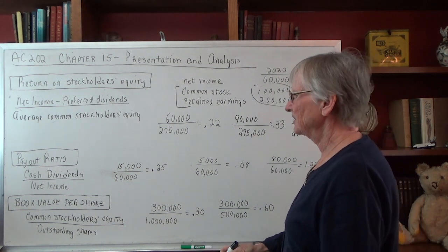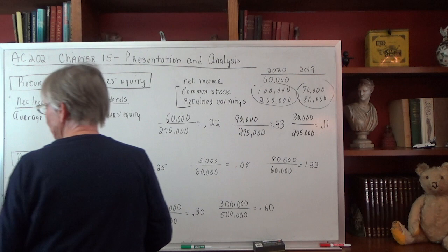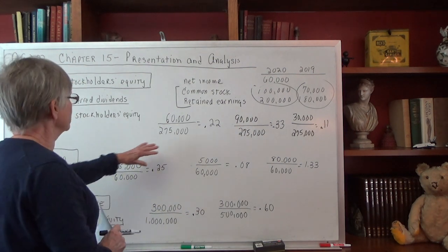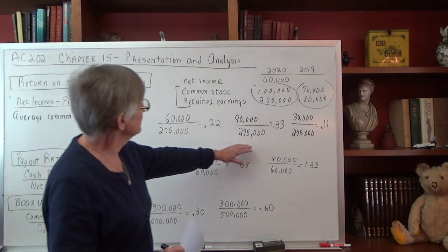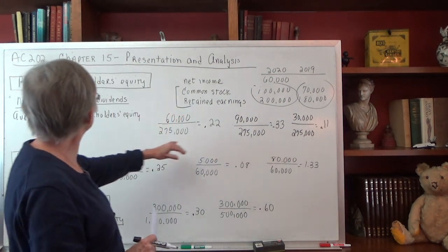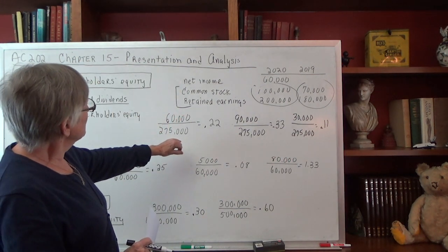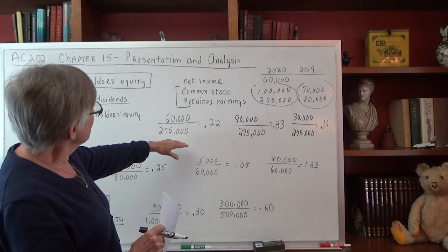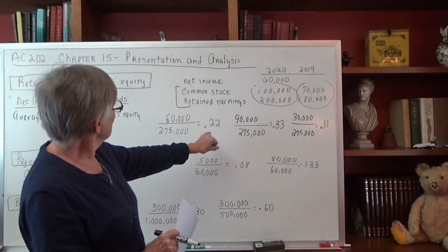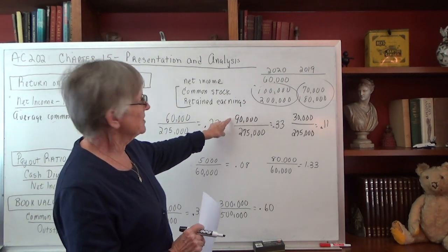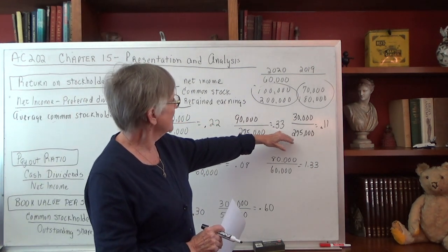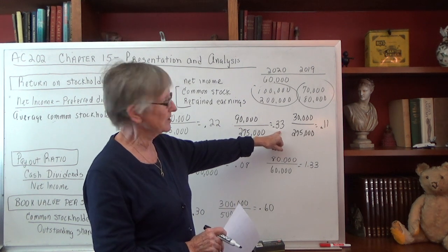All right, and what does all that mean? Well, you've got the same amount of investment in all three cases, but the net income generated for the stockholders here is 60,000. Here you're generating more net income, and so you have a higher return on stockholders' equity.